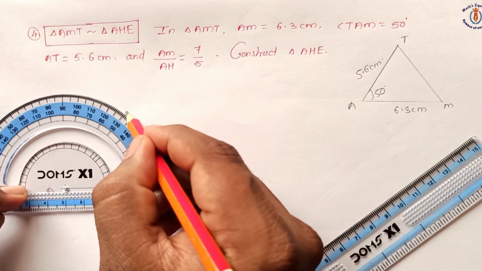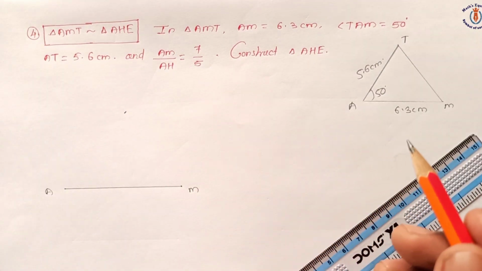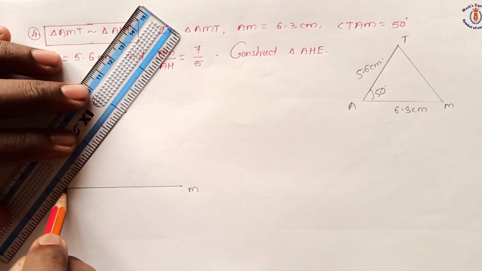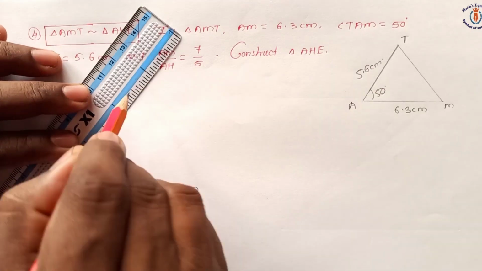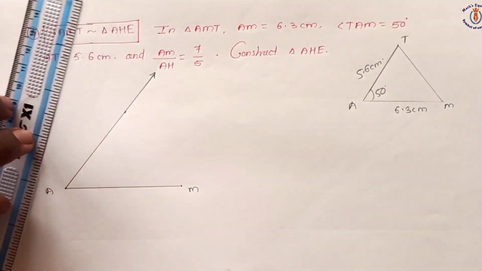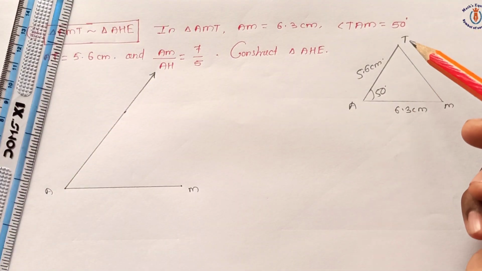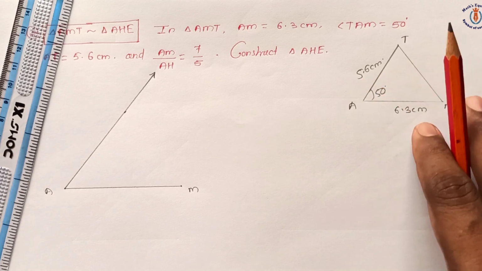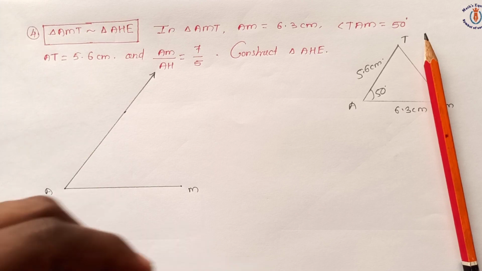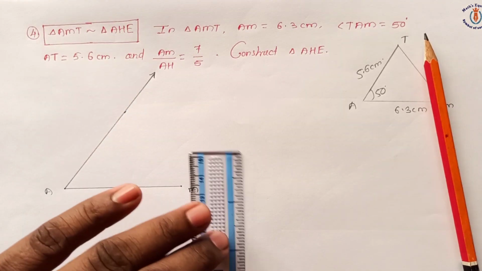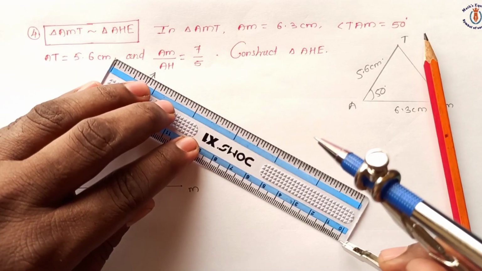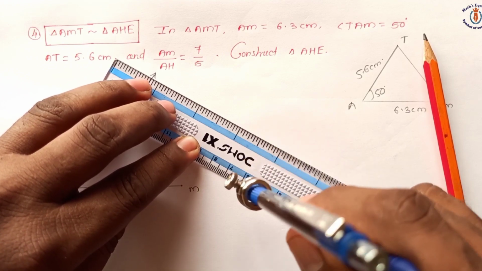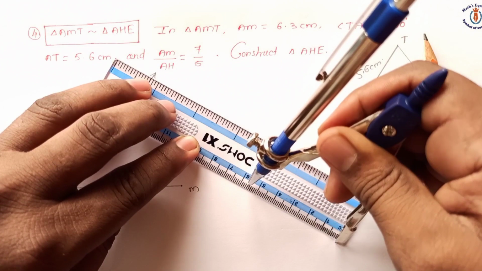So mark over here and let's join that point to the A. So this is the ray. Now this point T is at 5.6 centimeter from this A. So we will take that 5.6 centimeter in a compass. So 0 is here. Hold that compass here and 5.6 centimeter like this. Look at here.